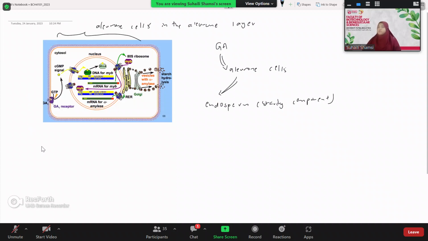This is what happens in a seed normally, without any exogenous GA. A normal GA release from the embryo itself induces starch hydrolysis, producing maltose, and this maltose will then be used for energy generation for the seed to break from dormancy, right?